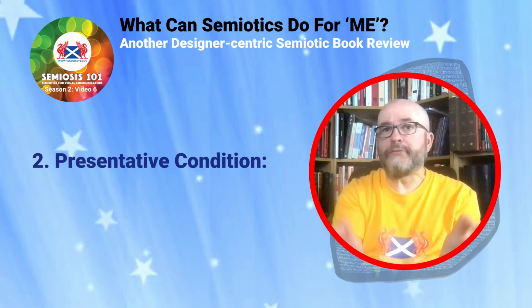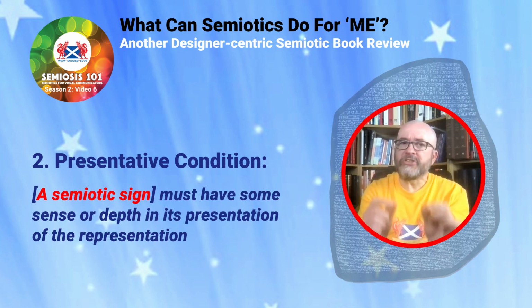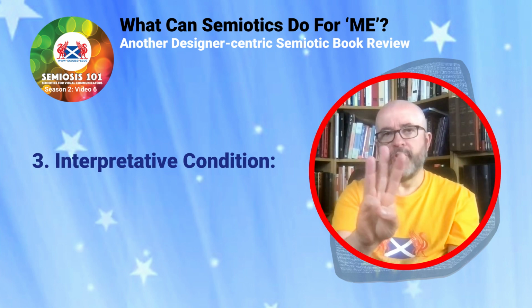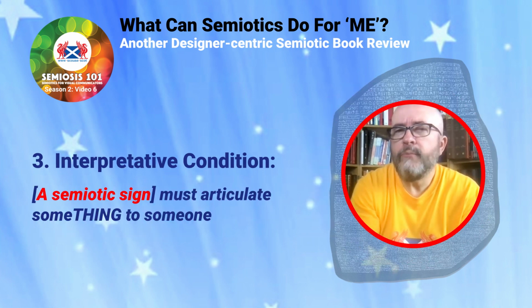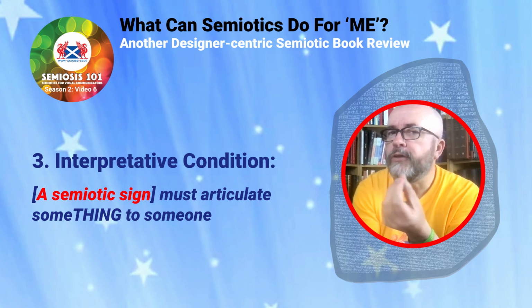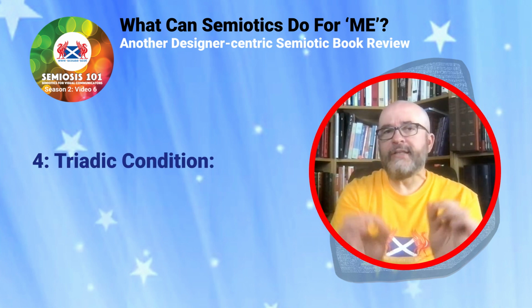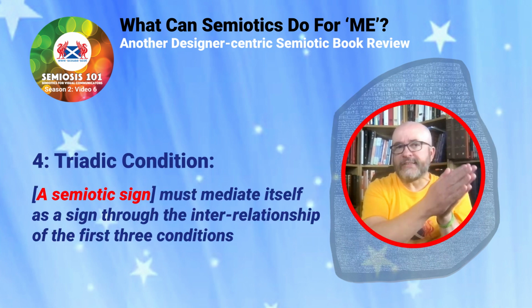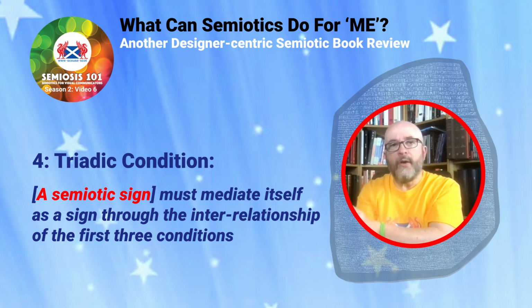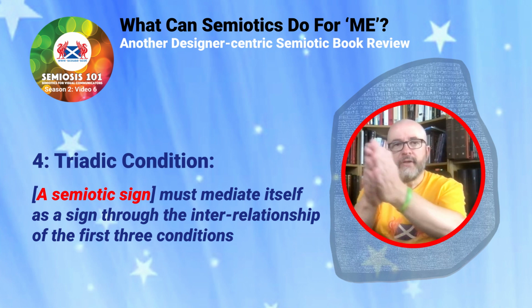Two, presentative condition: it must have some sense or depth in its presentation of the representation. Three, interpretive condition: it must articulate something to someone. Four, triadic condition: it must mediate itself as a sign through the interrelationship of the first three conditions.